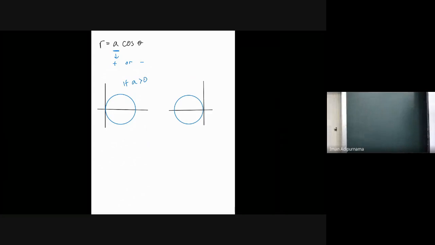And if it's negative, it's on the left side.